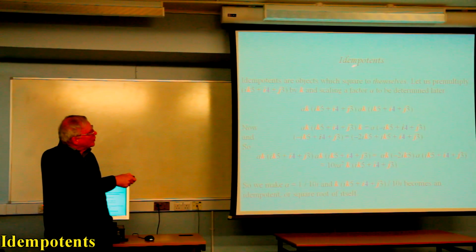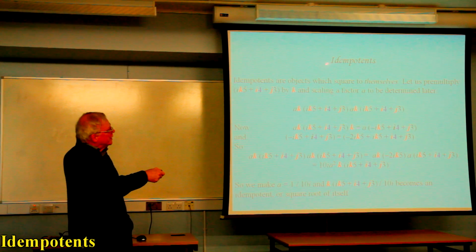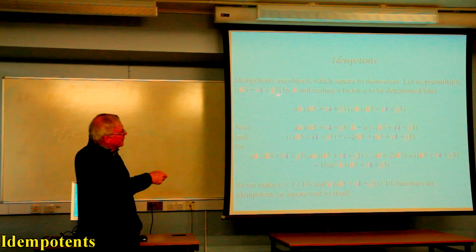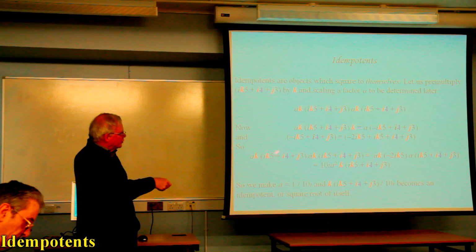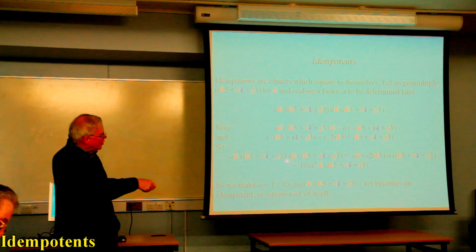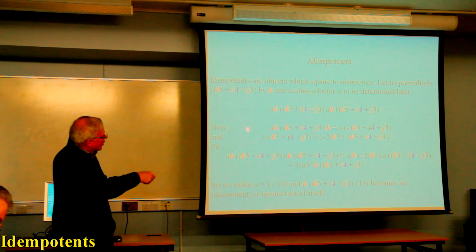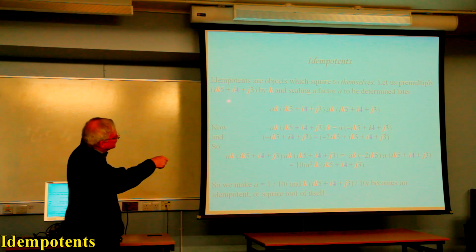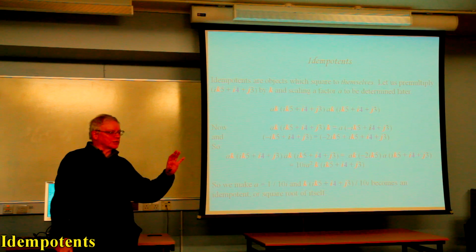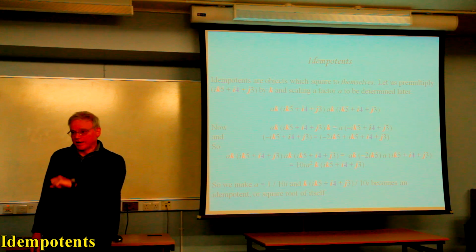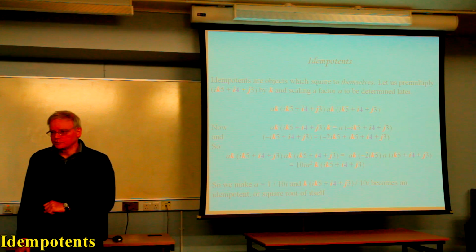And another concept which is important is an idempotent. This may look complicated, but all I'm trying to do here is show that you can find an object which multiplied by itself gives itself. So not a squared equals 0, but a squared equals a is an idempotent.